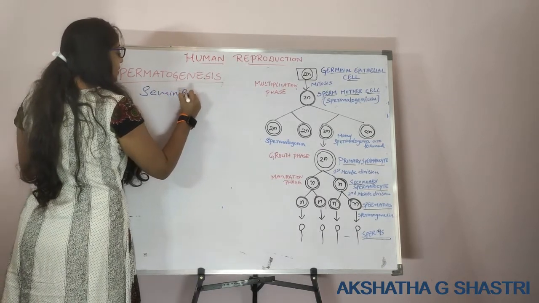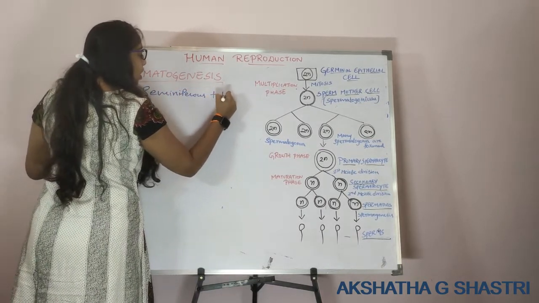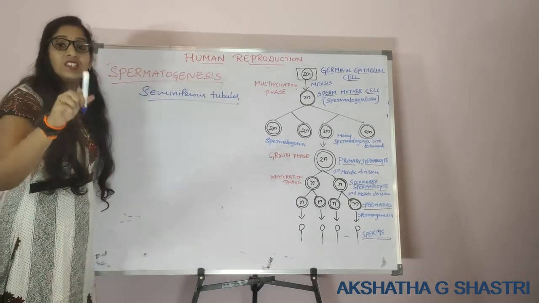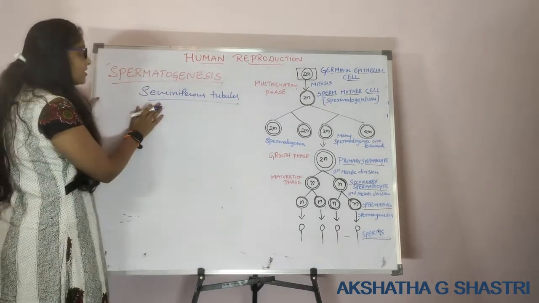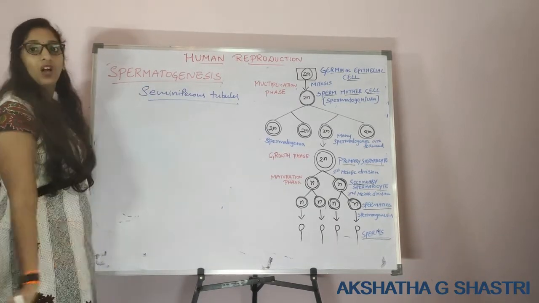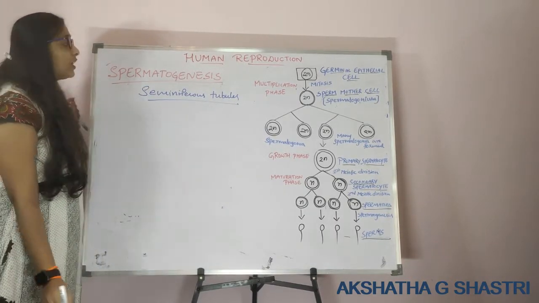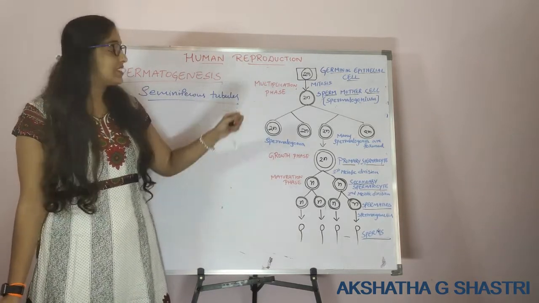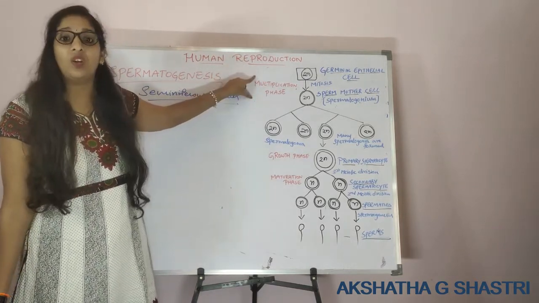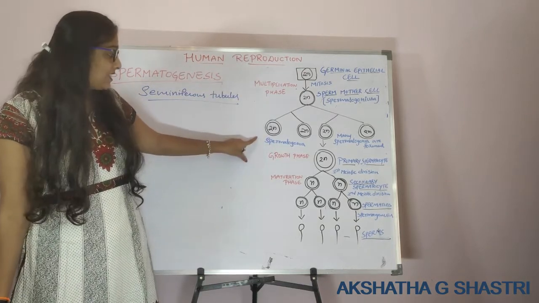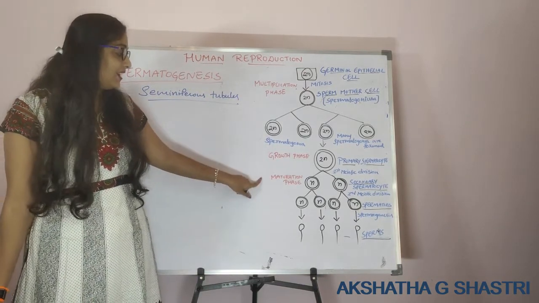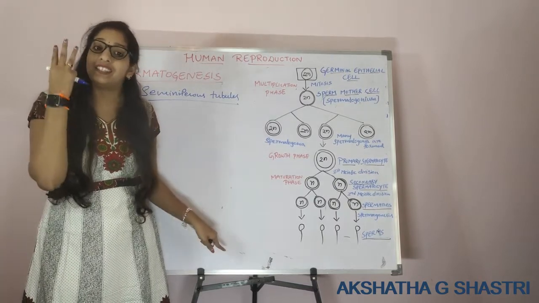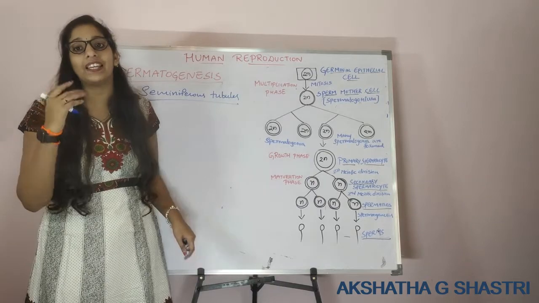In the seminiferous tubules of testes, the sperms are formed, and the process of formation of the sperms is termed spermatogenesis. For spermatogenesis, the following events take place: multiplication phase, growth phase, and maturation phase.